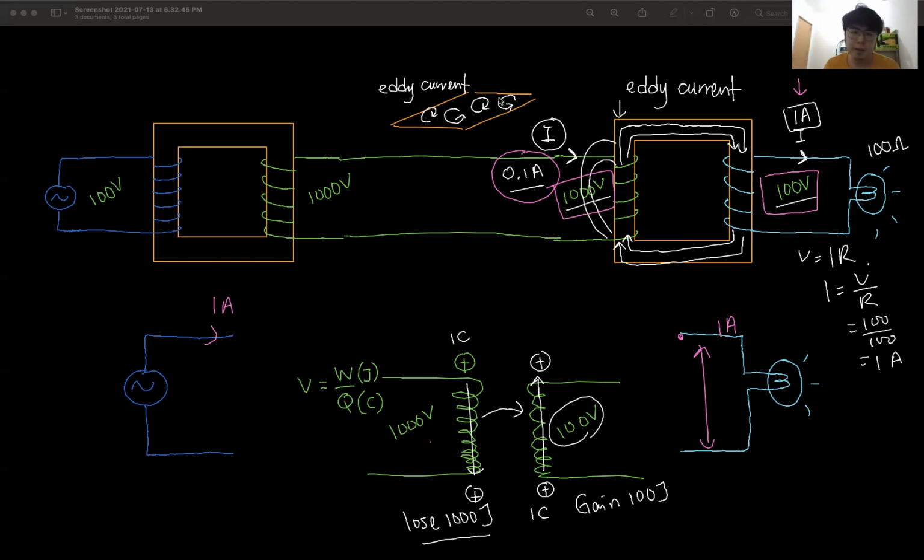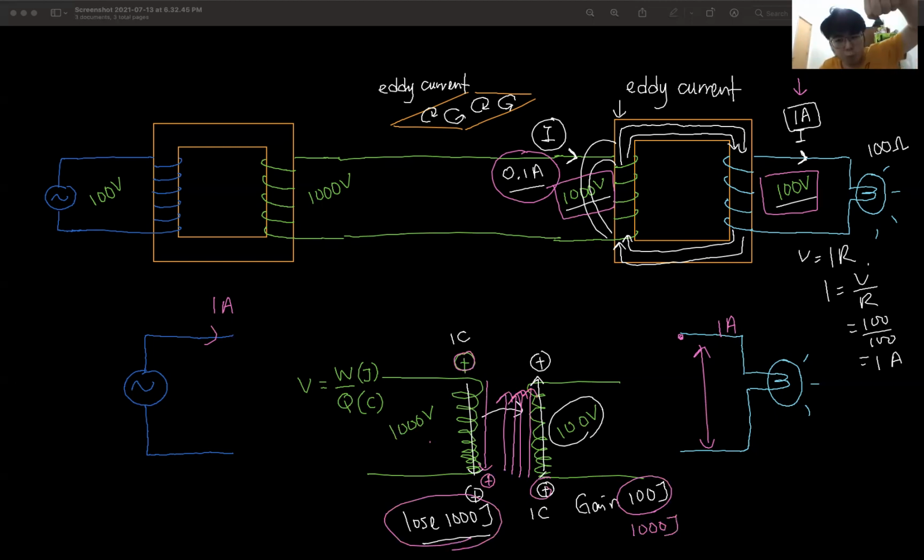Okay, so what does that tell you? It means that when this coulomb flows from here down to here, the charge on the other side has already flowed 10 times, because the energy loss here is 1000 and each coulomb there gets 100, so 10 times gets 1000 joule from the primary circuit. When the charge flows one time, the charge on the other end flows 10 times. Current is the flow of charge.